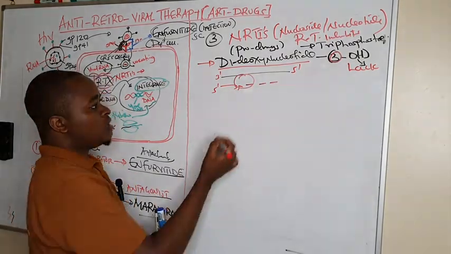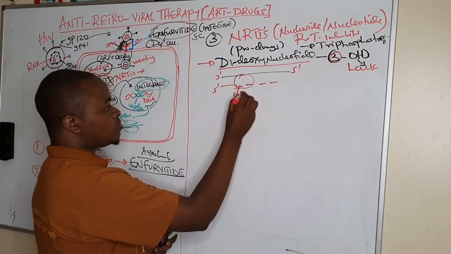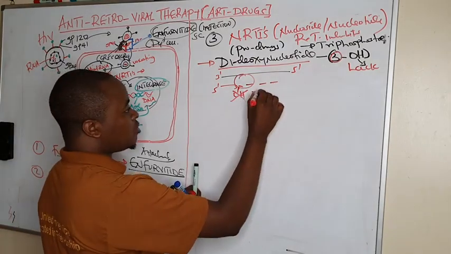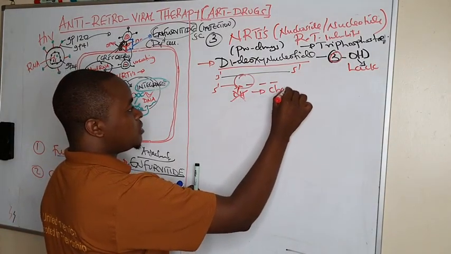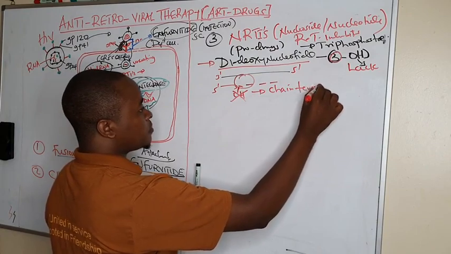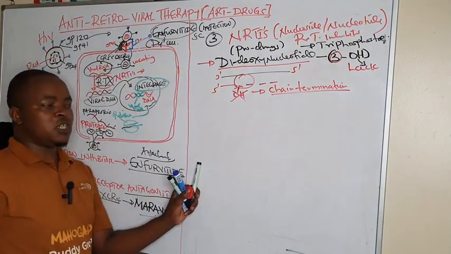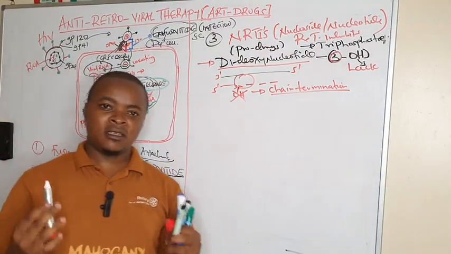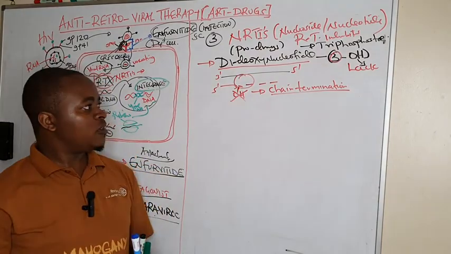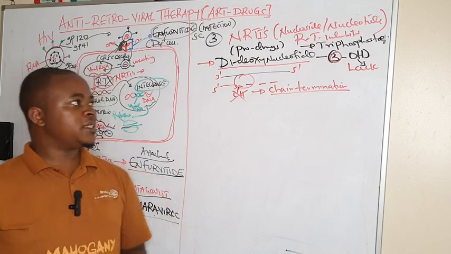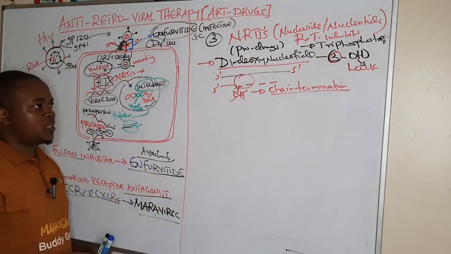Because it lacks the OH group, the drug causes premature chain termination, before we synthesize the DNA which we wanted.